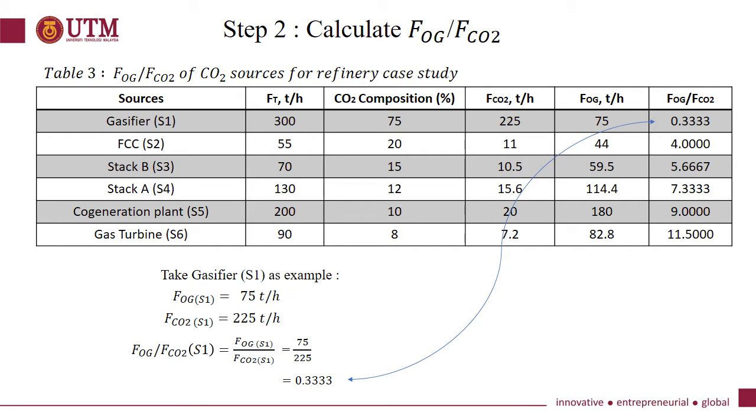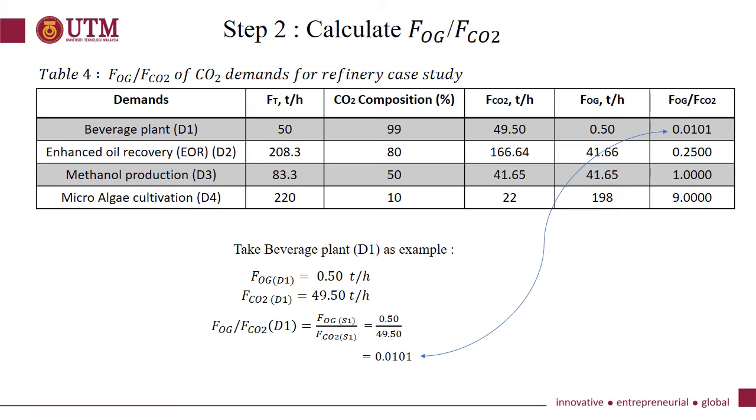Repeat the step for all the CO2 sources. Table 3 shows the FOG over FCO2 of CO2 sources for this case study. The same step goes for the CO2 demand of the case study. Let's take D1 as an example.